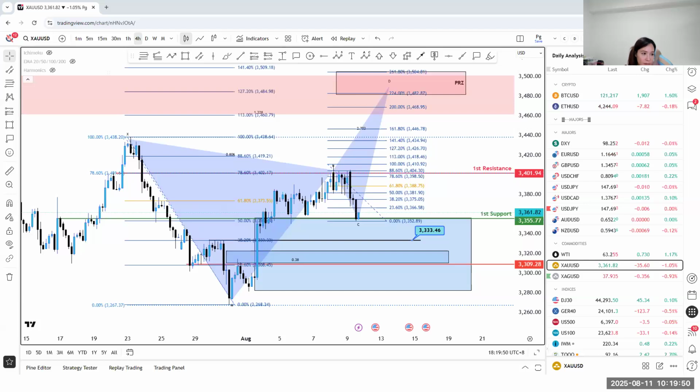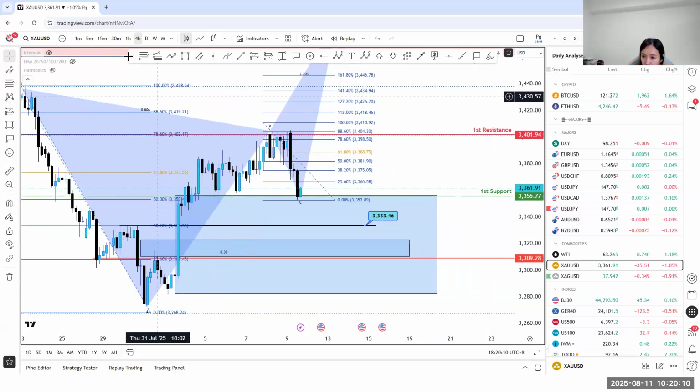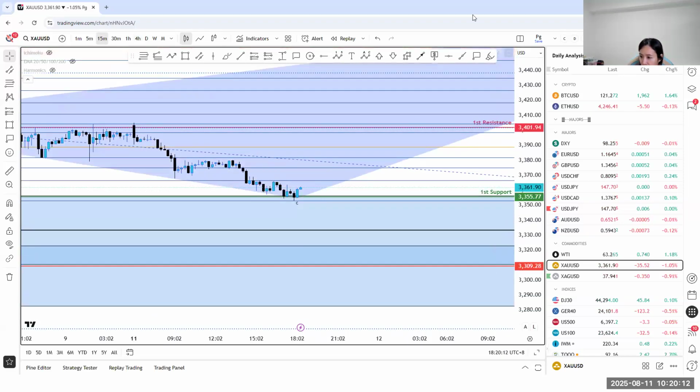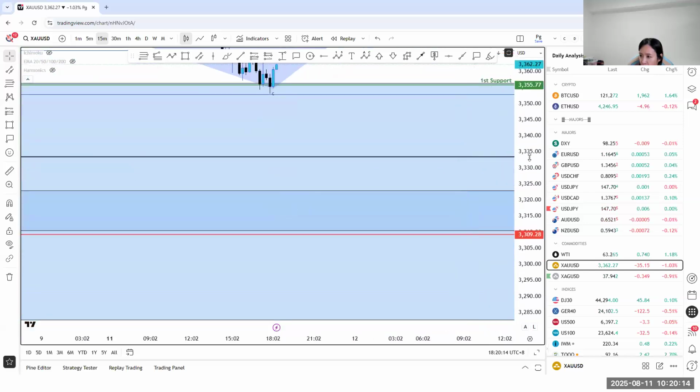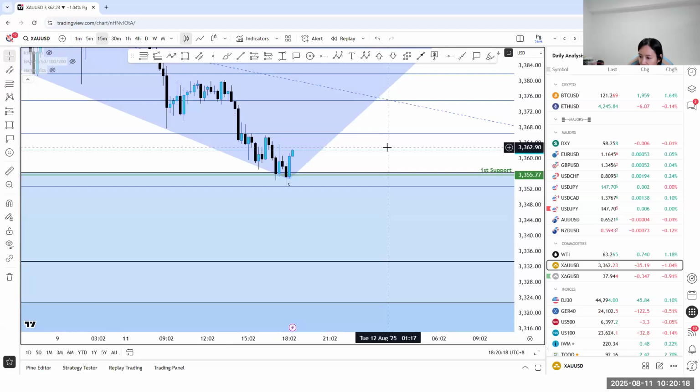All right. Any questions, guys? If I don't trade with the harmonic pattern, I'm going to buy at this level because this is my first support for H4. You can see that in the lower time frame, exactly at 3355.